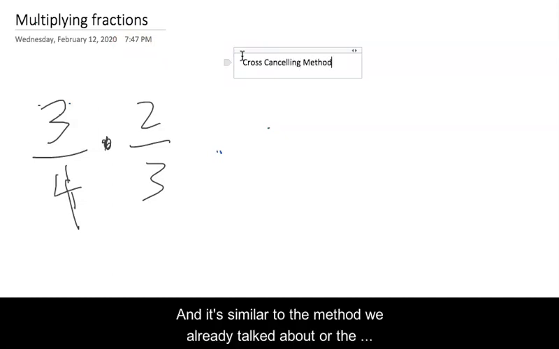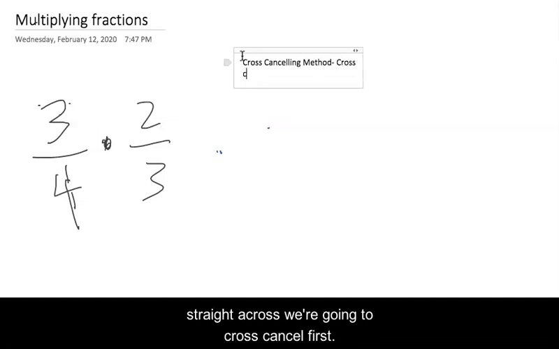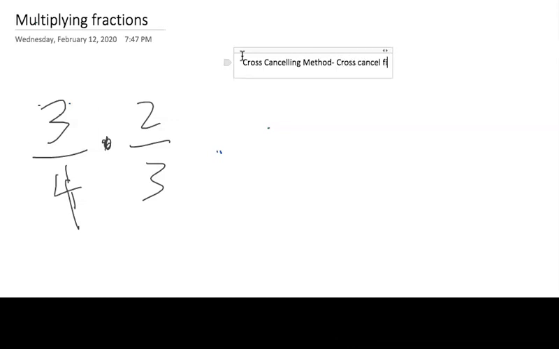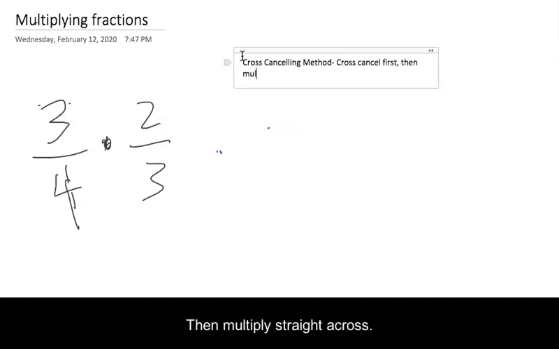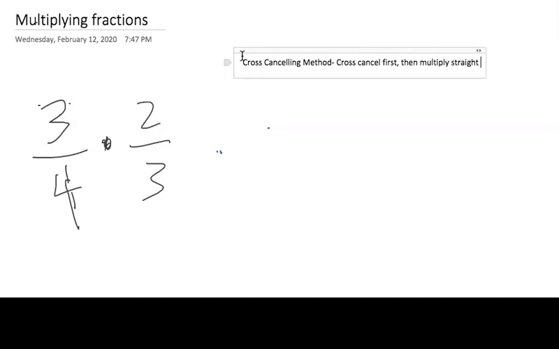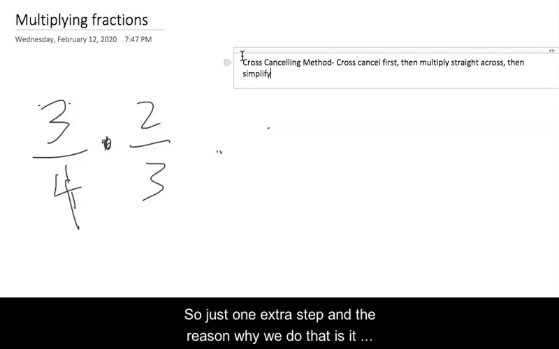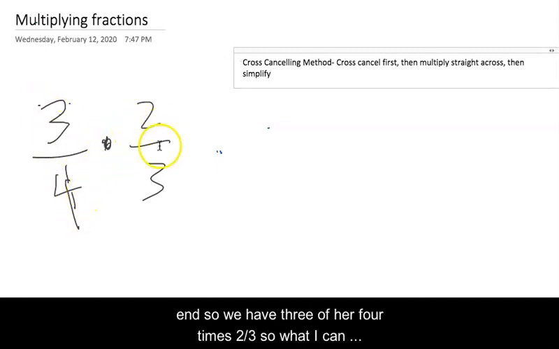Okay, and it's similar to the method we already talked about, or the rule we already talked about, but instead of multiplying straight across, we're going to cross-cancel first, then multiply straight across. Then simplify. So just one extra step. And the reason why we do that is it kind of helps us, or it stops us from having to simplify in the end. So we have 3/4 times 2/3.